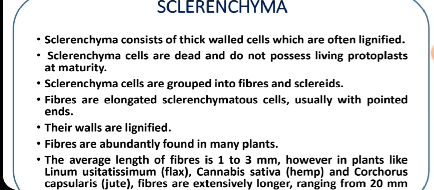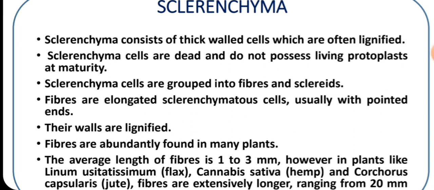Sclerenchyma cells are grouped into fibers and sclereids. What are fibers? They are elongated sclerenchymatous cells. They are very long, and their ends are very pointed. You know that the longest plant cell is the fiber.